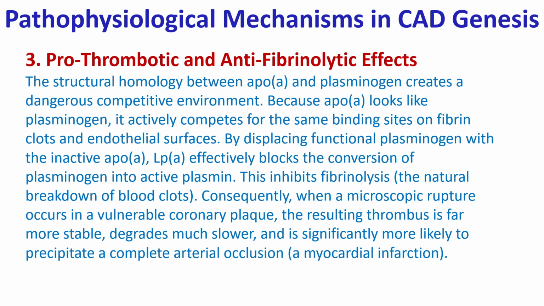This inhibits fibrinolysis, the natural breakdown of blood clots. Consequently, when a microscopic rupture occurs in a vulnerable coronary plaque, the resulting thrombus is far more stable, degrades much slower, and is significantly more likely to precipitate a complete arterial occlusion and a myocardial infarction.